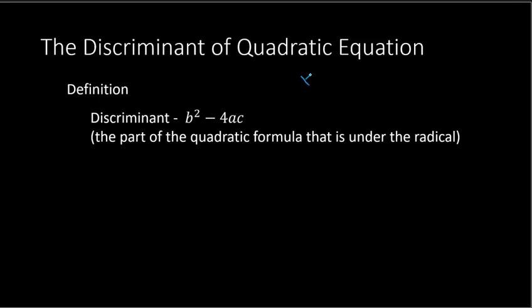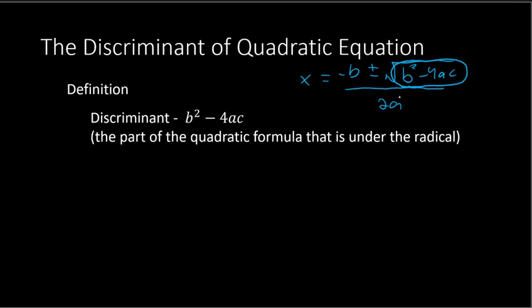So in the formula, right, we had x equals the opposite of b plus or minus the square root of b squared minus 4ac all over 2 times a. The b squared minus 4ac part right here, that is called the discriminant. And it's called the discriminant because it discriminates or tells us something about the types of answers we're going to get.